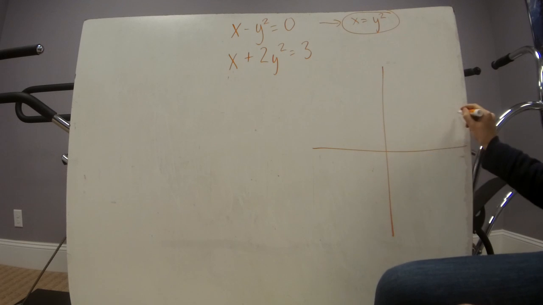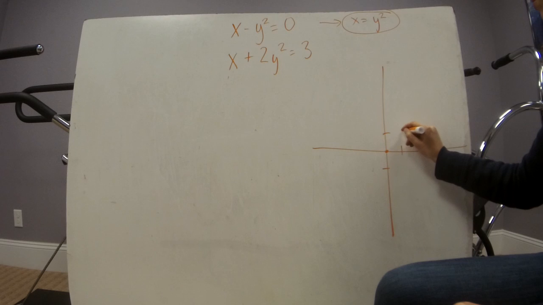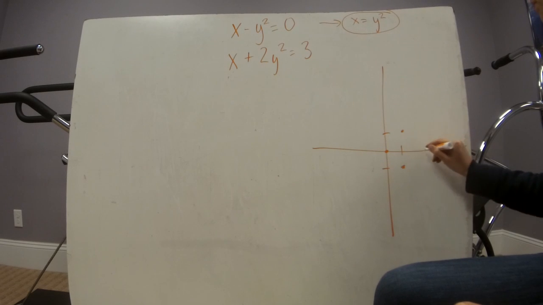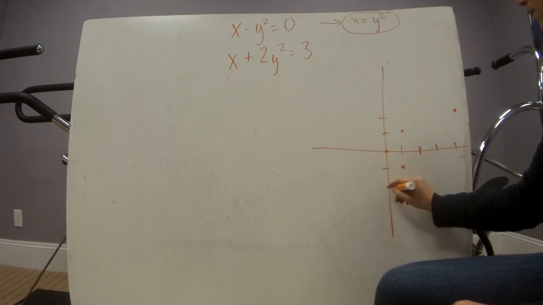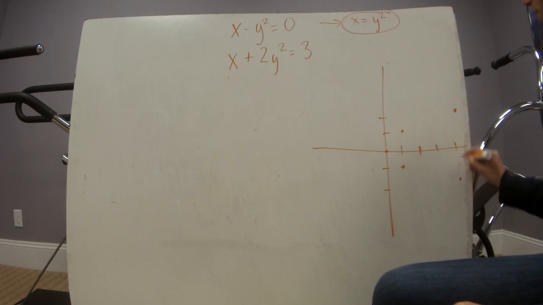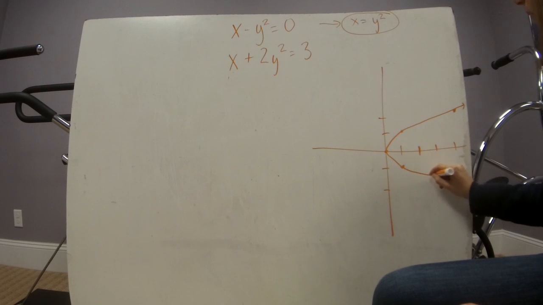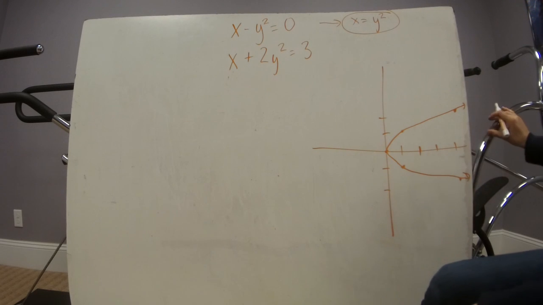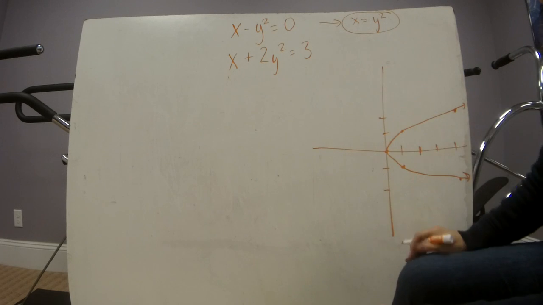I just know that this is the sideways parabola, right, that goes through 1, 1, negative 1, 1, and then 4, 2, 4, negative 2, right? So I know that. Boom. Because that's just an algebra 2 thing. That's the normal sideways parabola. It's the inverse of the one that goes up, reflected over y equals x.